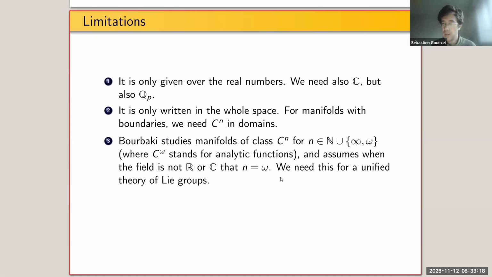So what does that mean? It means that if Bourbaki is right, and often Bourbaki is right, and if you want to get some general theory of Lie groups, encompassing both real Lie groups and Lie groups over Q_p, then you better have in your scale of smooth functions the analytic functions. Because otherwise, you will do some theory of real Lie groups where you do it in C^infinity, and then separately from that, you will do a theory of analytic Lie groups over Q_p, and you will have to reprove everything twice.